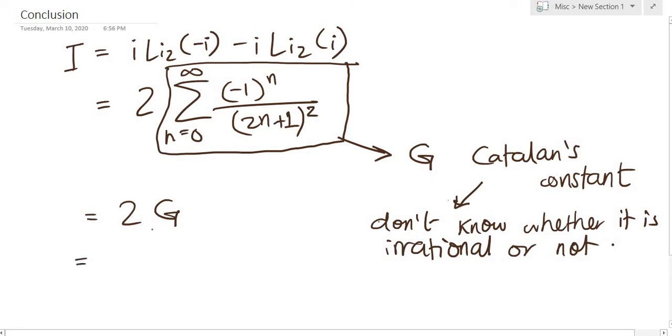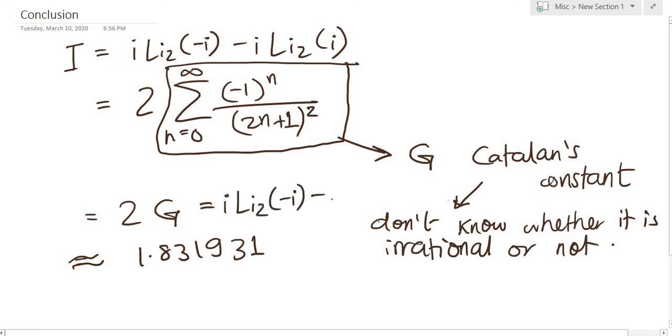As I said, we estimated this to be around 1.831931, and we also established an expression for this in terms of complex dilogarithms, i times the dilogarithm of negative i minus i times the dilogarithm of i.